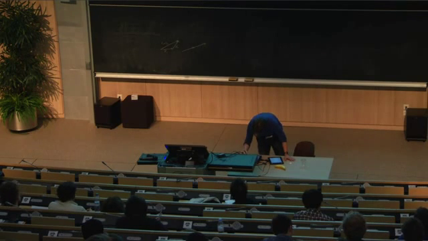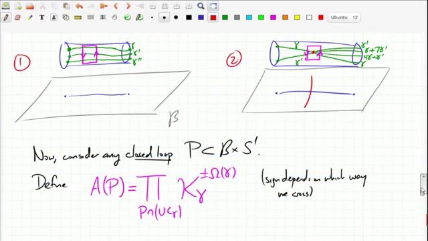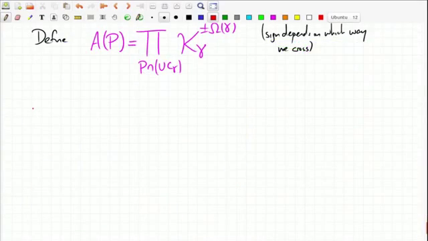So what the heck is this? Let's see what it is in these two examples. For example, in this first picture, I'm just redrawing part of the picture that I had above. So I've got 3 charges, gamma, gamma prime, and gamma double prime, so three BPS particles.